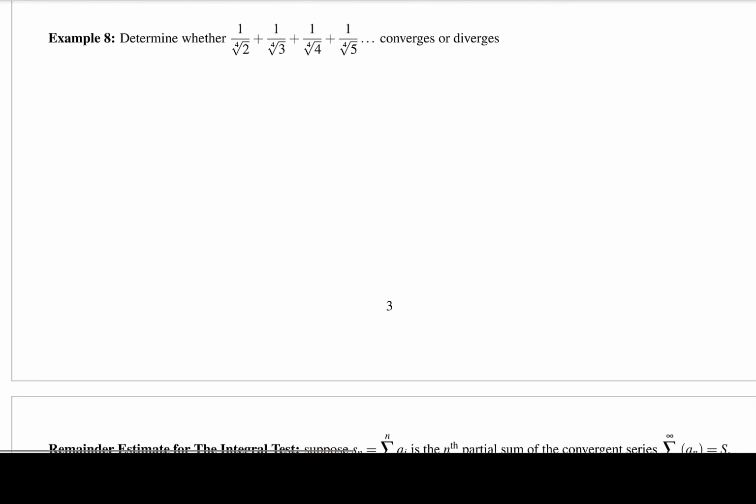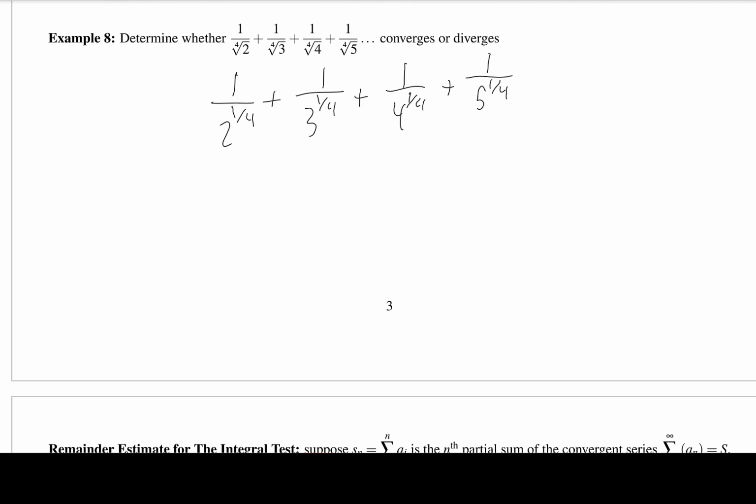Okay, now let's look at this series. So here I'm going to rewrite this. This is 1 over 2 to the 1/4 plus 1 over 3 to the 1/4 plus 1 over 4 to the 1/4 plus 1 over 5 to the 1/4.